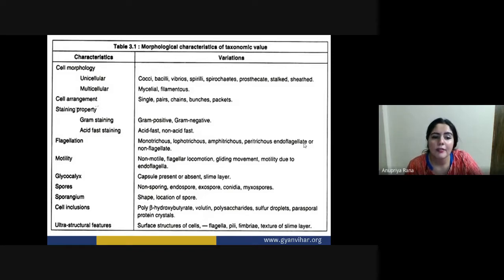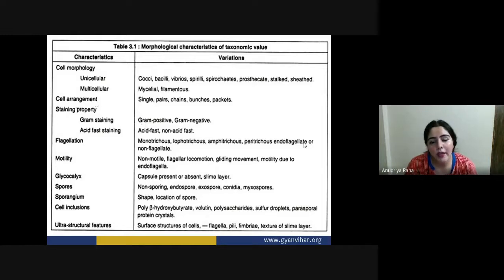Flagellation. This is the thing required inside the bacteria for their motility and sometimes capturing nutrition also. So the flagella can be monotrichous, lophotrichous, amphitrichous, peritrichous, endoflagellate or non-flagellate.